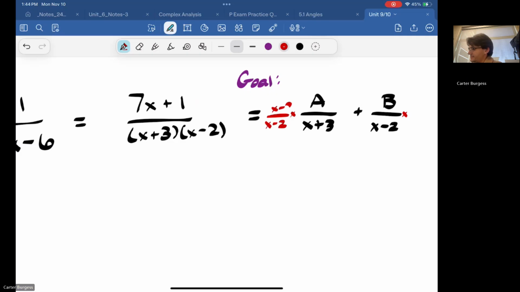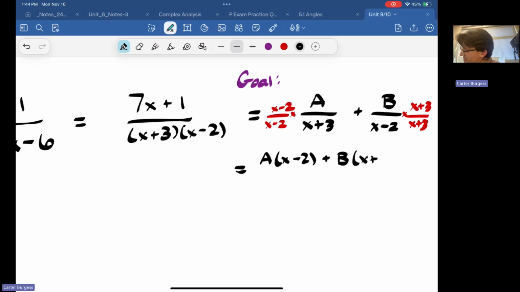Yep. Very nice. All right. In this case I get a times x minus 2 plus b times x plus 3 over x plus 3 times x minus 2, which we can multiply out.